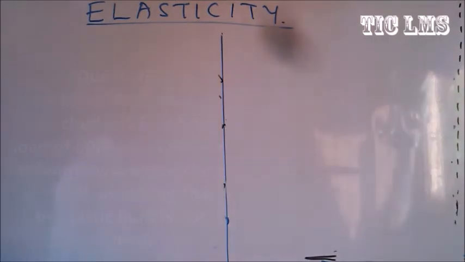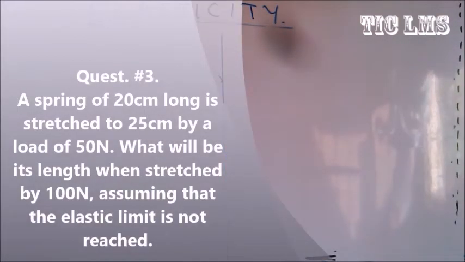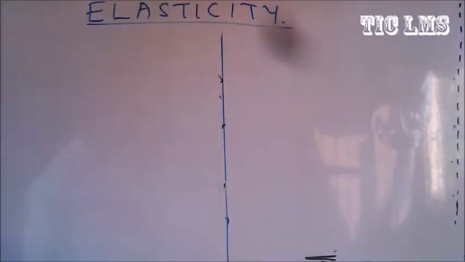The next question says that a spring of 20 centimeter long is stretched to 25 centimeter by a load of 50 Newton. What will be its length when stretched by 100 Newton, assuming that the elastic limit is not reached?